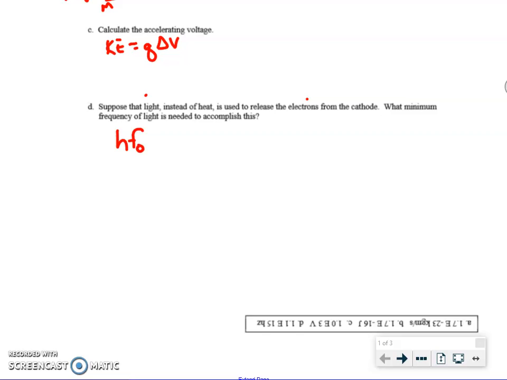That minimum energy that has to be overcome is equal to your work function. So the minimum frequency is equal to the work function divided by h, and that work function is given at the very top.